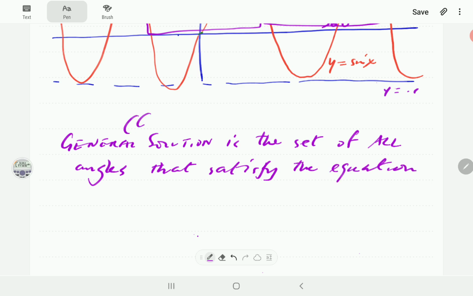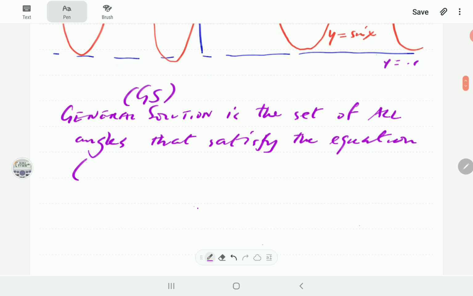I'm going to abbreviate this GS. Now, as we've noticed in the example, this set is typically going to consist of an infinite number of solutions. So this is typically going to be an infinite set.